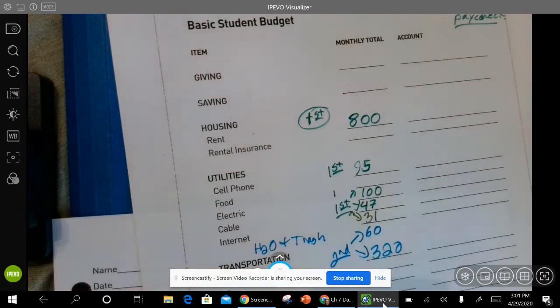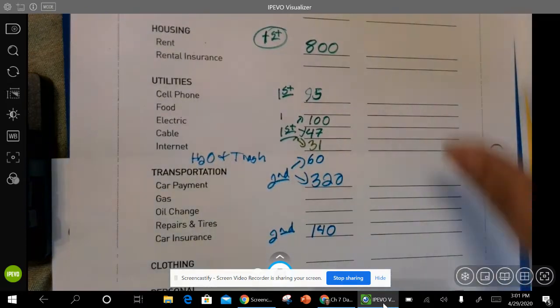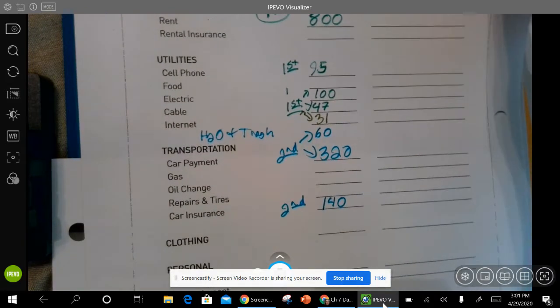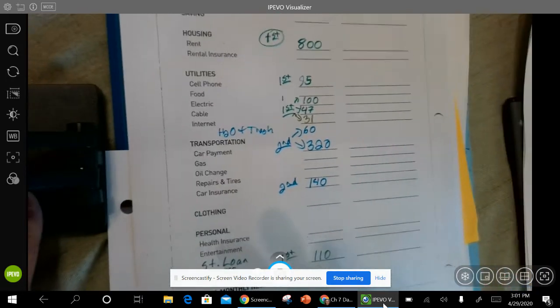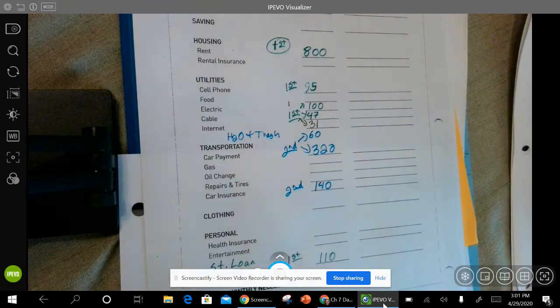I know you're wondering why I wanted you to know what everything is. We're going to add together all those things from that first paycheck, everybody, because what we need to know is how much we have. So I'm going to add everything from that first paycheck: the 800 plus the $95 plus the 100 plus 47 plus 110.